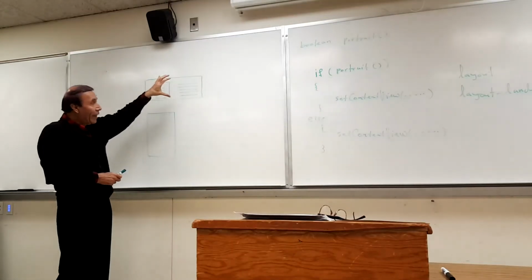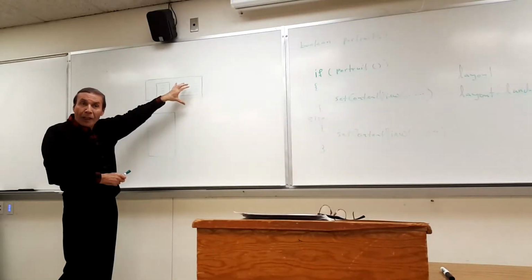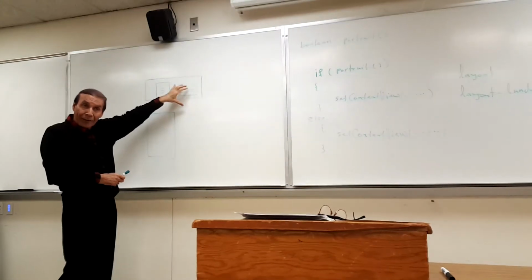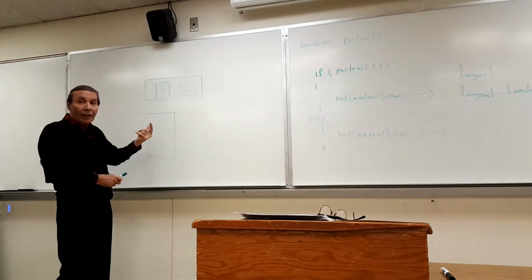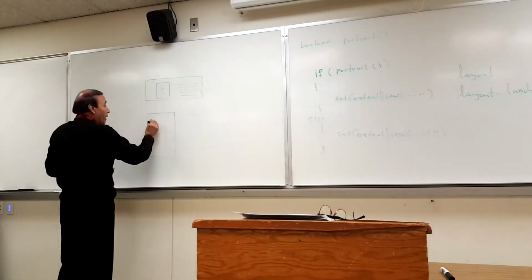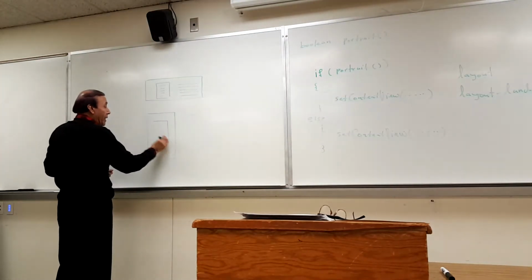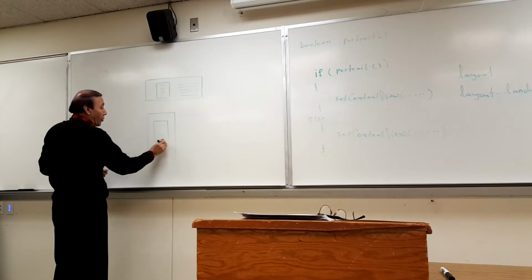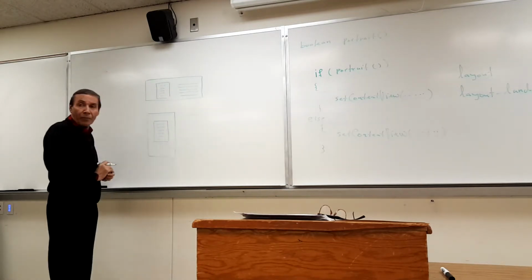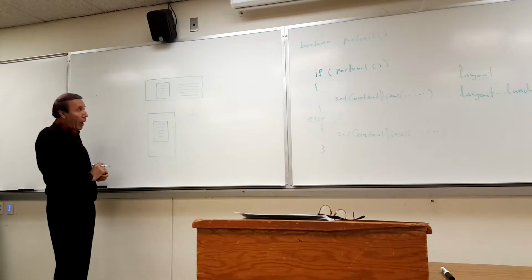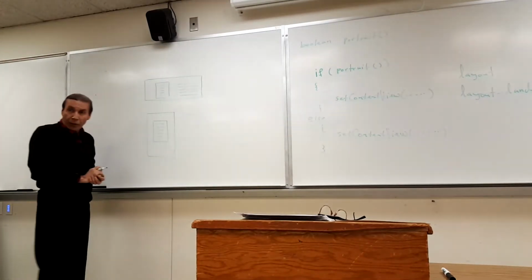This side, I'm going to show you how to handle it. In portrait, only this guy fits onto your screen, right? It means the listing of the fruits. And there is no room for the rest, okay?